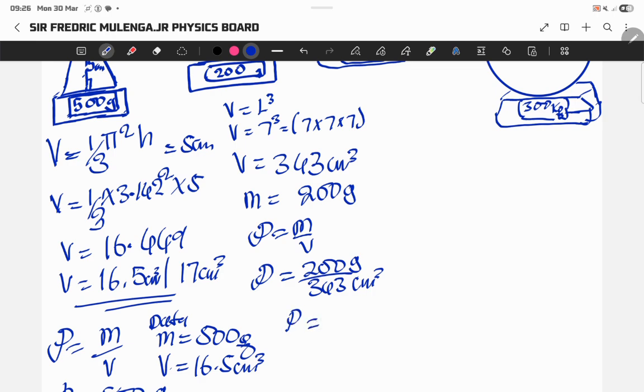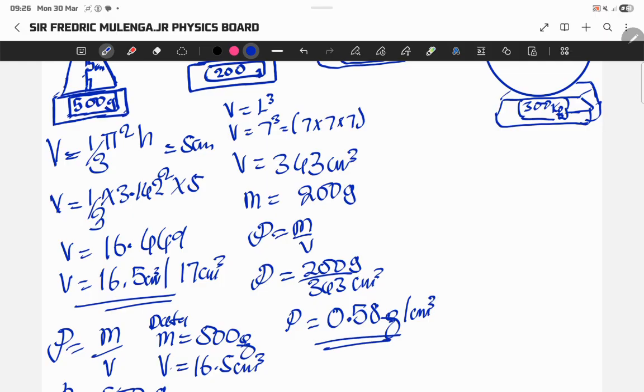On your calculator, go ahead and find the answer. It will be 0.58 grams per centimeter cubed. Done. That's how we solve.